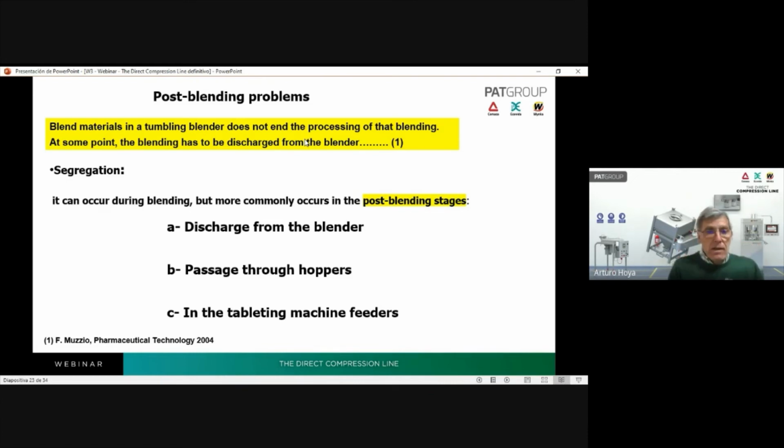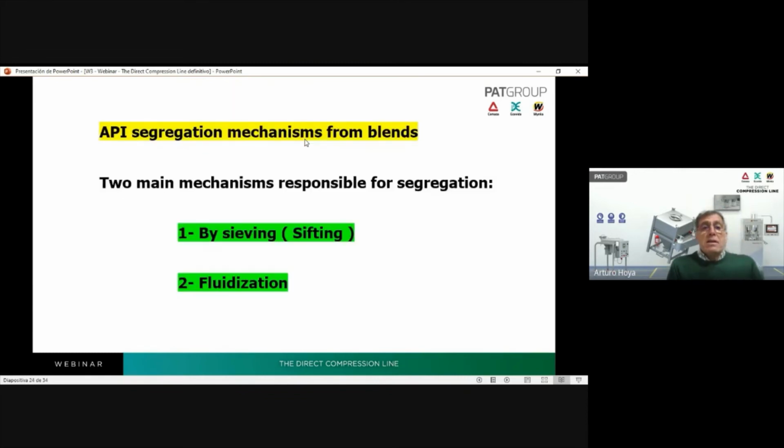The three possibilities. Okay. So the API segregation mechanism, so why does the API segregate post-blending? Well, two main mechanisms are sieving or sifting, and the other is fluidization. We will see both cases following.